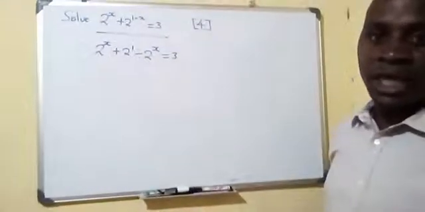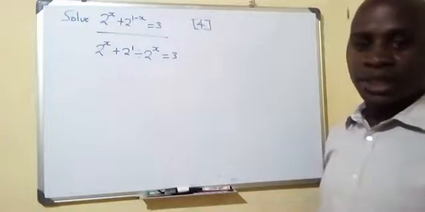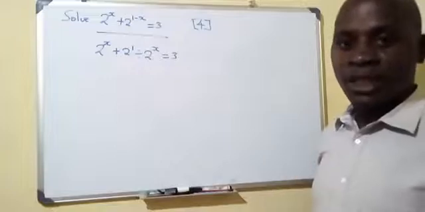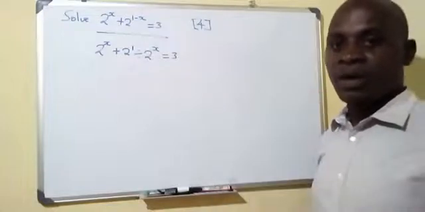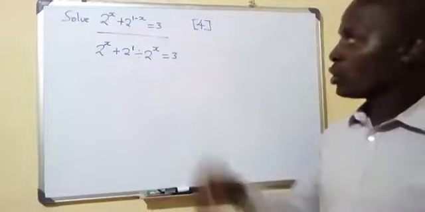There's a law which says if you are dividing two terms which have got the same base, you must just maintain one base and you subtract the powers. This is the reason why we are having a subtraction on top.